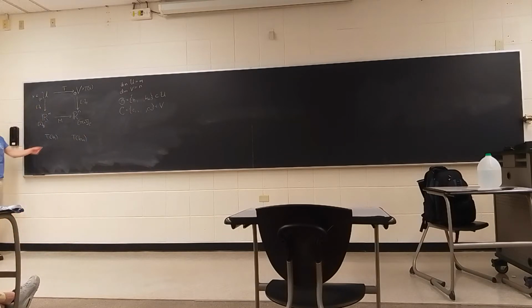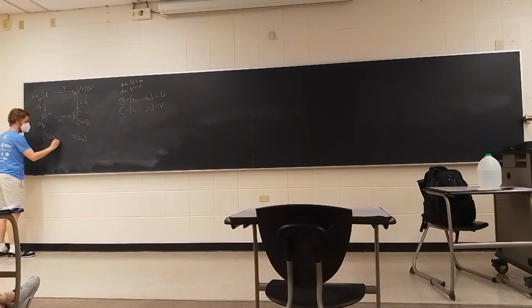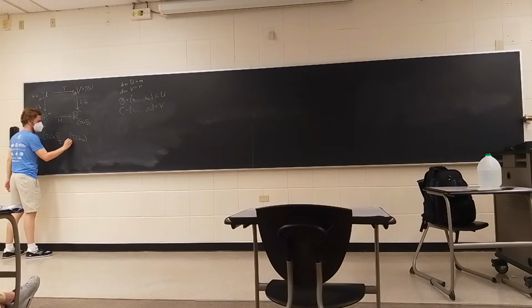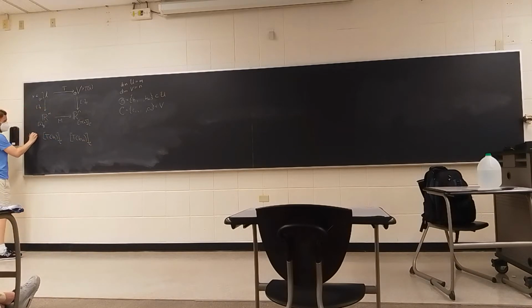And then I'm looking at what columns I get for each of those. This is the matrix that's going to take a coordinate vector in Rm and give us a coordinate vector in Rn. It's this matrix right here.